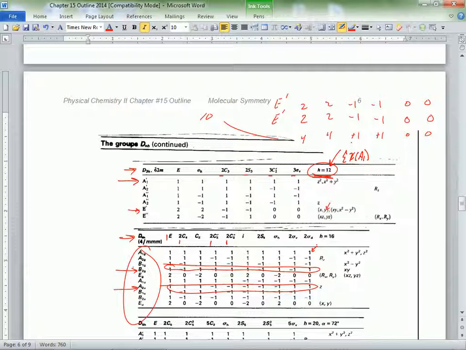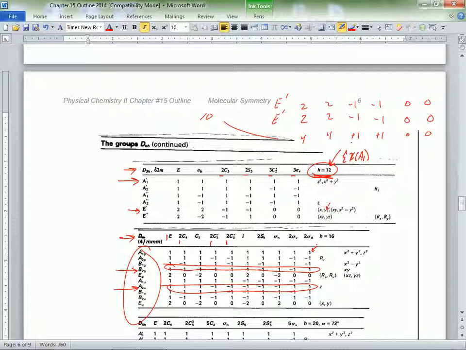If we take a look at the one right below it, self-test 15.4 on page 443: can the function x squared plus y squared have a non-zero integral when integrated over a regular pentagon centered on the origin?